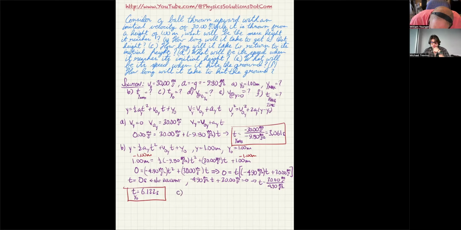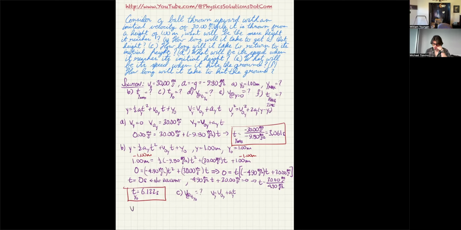So for part C, they want to know the velocity at t at y0, equal to question mark. So I'm going to use v sub y is equal to v0 sub y plus a sub y times t. That's pretty straightforward.